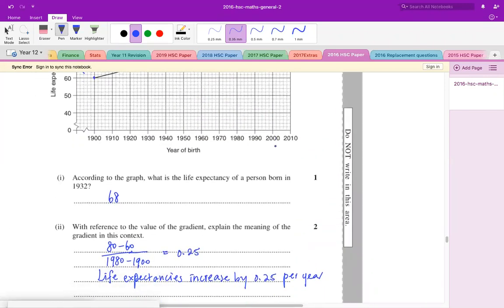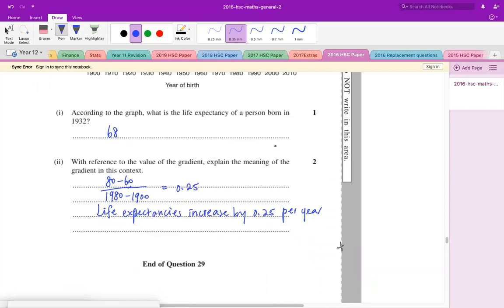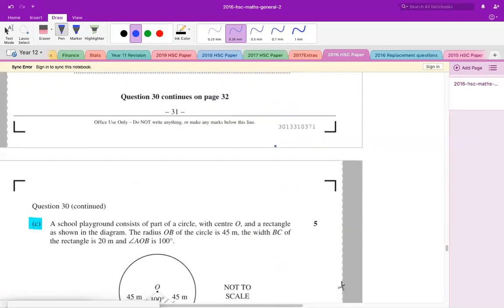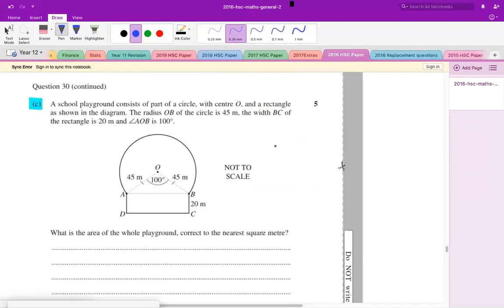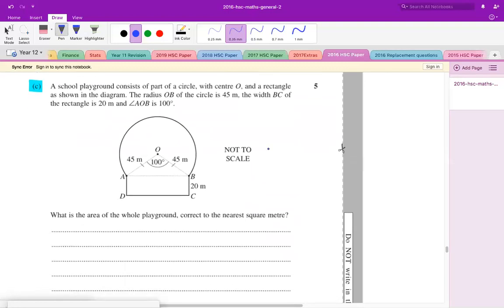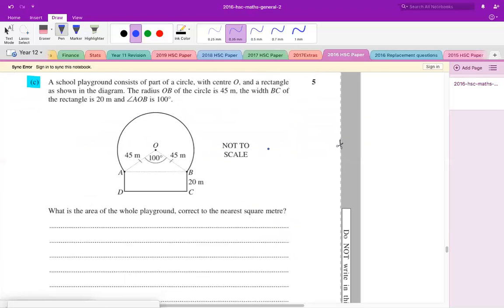Okay, this question, rise over run. Okay, so now we're here at this question. So what do you do? School playground. So what's the area of the whole playground?